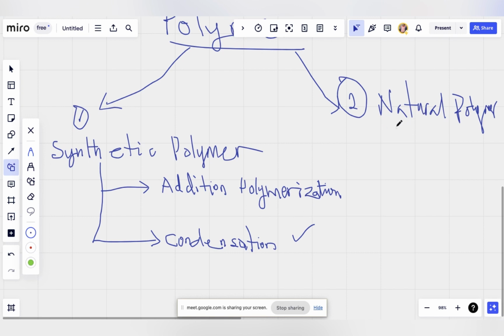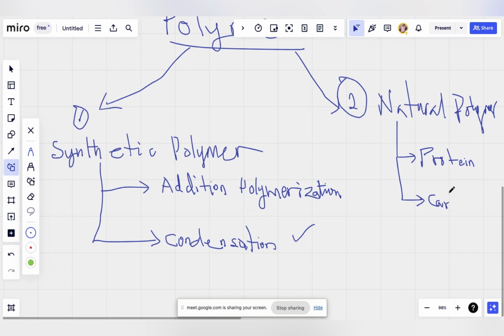Natural polymers will include things like protein. We'll be studying the structure of protein, how monomers like amino acids join together to form this giant macromolecule called protein. And then carbohydrate, how glucose joins together to form starch or carbohydrate.